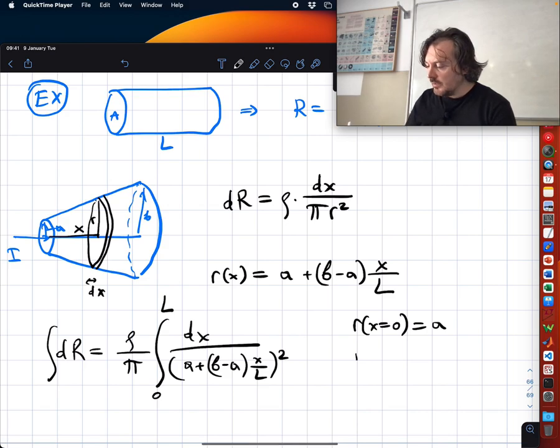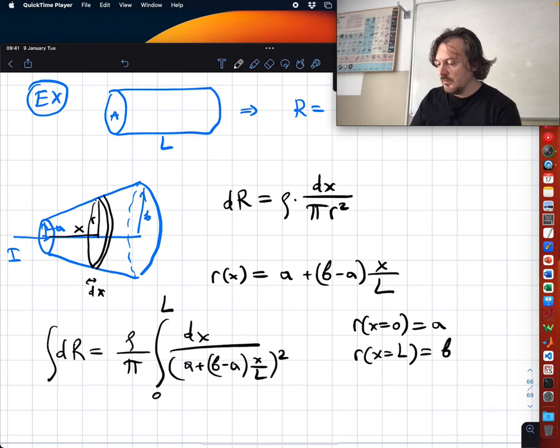I also want Rx equals to L to be B. So I start with A, so that I make sure that I will get A if I have a linear coefficient here. So whenever this is 0, it will be A. And then I add the difference divided by L so that when x is L, this is 1, so I get B minus A plus A equals B.